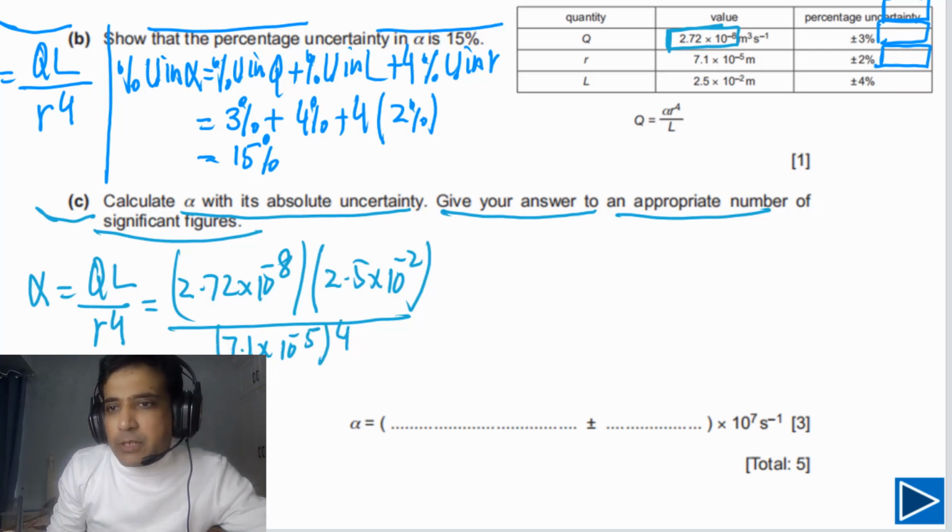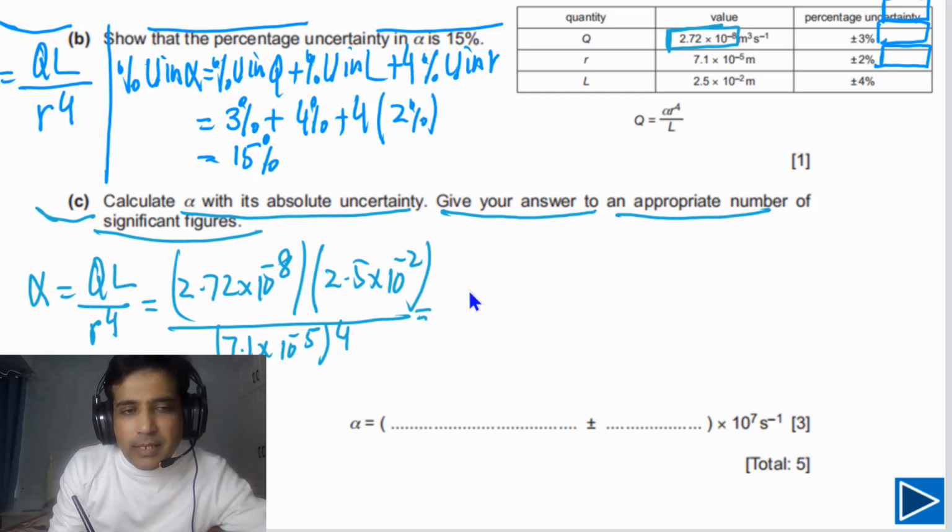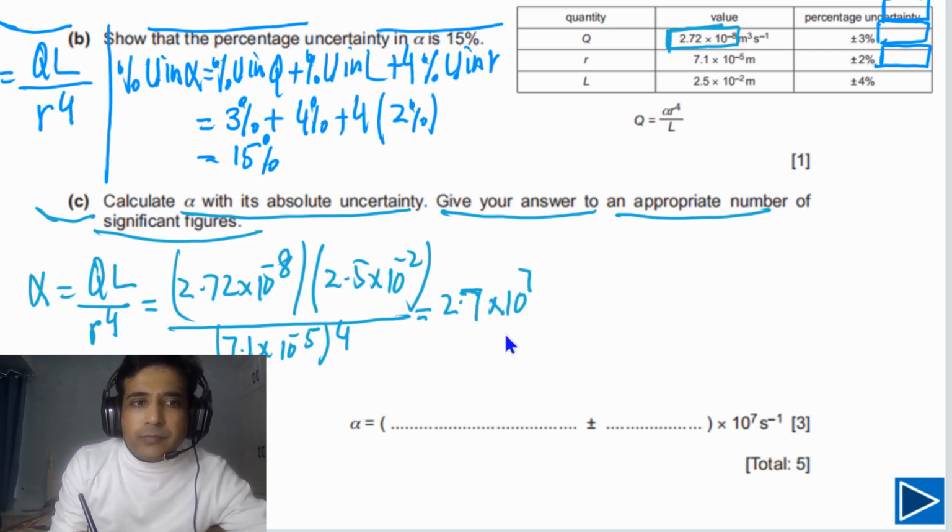So we have to be careful with the power. So this is R to the power of 4. Very important one. Don't miss the exponent. So the power is 4. If we solve this one, our answer will be equal to 2.68 times 10 to 7. Up to 2 SF, you can write down 2.7 times 10 to 7. So this is the value of alpha.